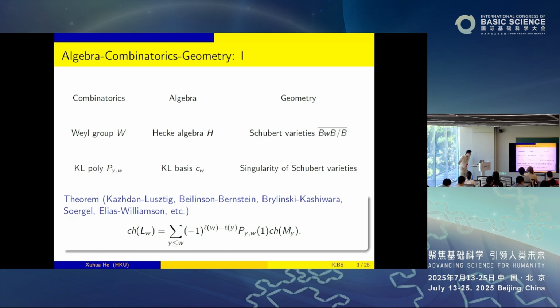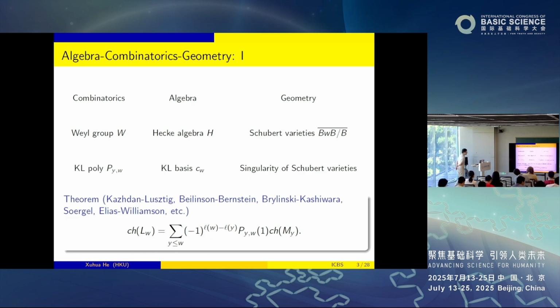This is sometimes referred to as the Kazhdan-Lusztig conjecture, but in fact, in the two papers of Kazhdan-Lusztig in '79 and '80, they already proved half of the conjecture, and the other half was proved independently by Beilinson-Bernstein, and by Brylinski-Kashiwara.